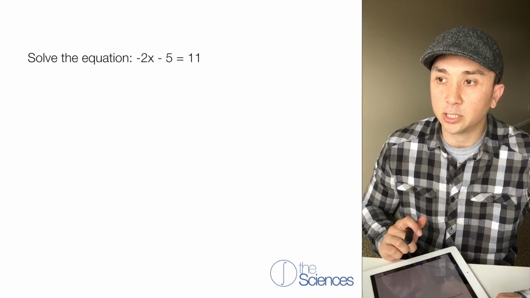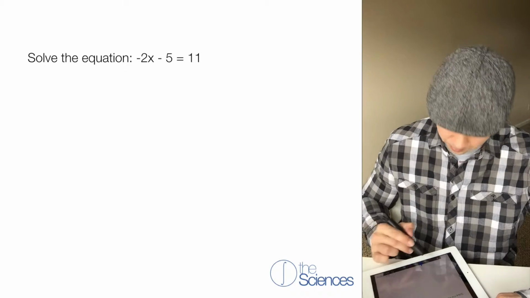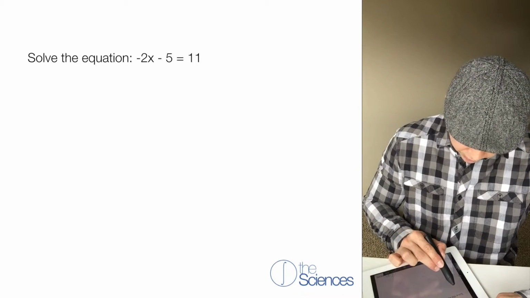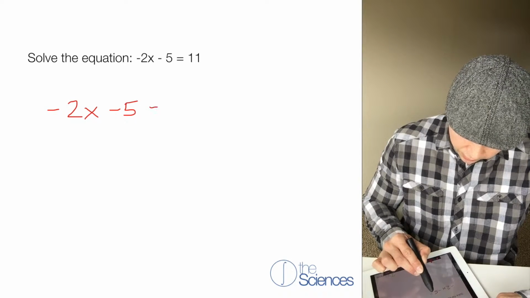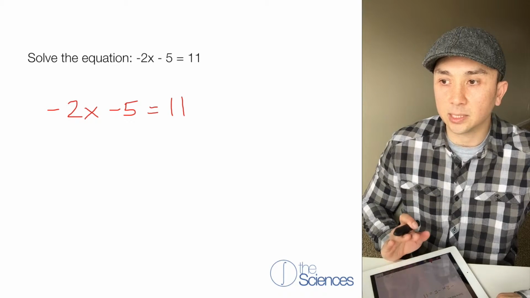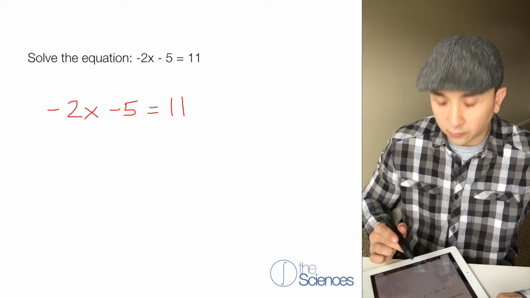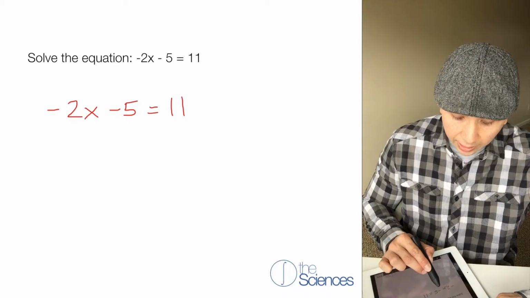Let's solve the equation negative 2x minus 5 equals 11. So the first thing we're going to do is move 5 to the other side of the equation. Since we're subtracting 5, we're going to add 5.